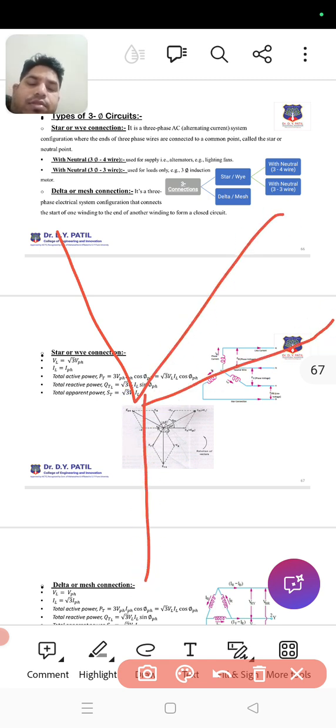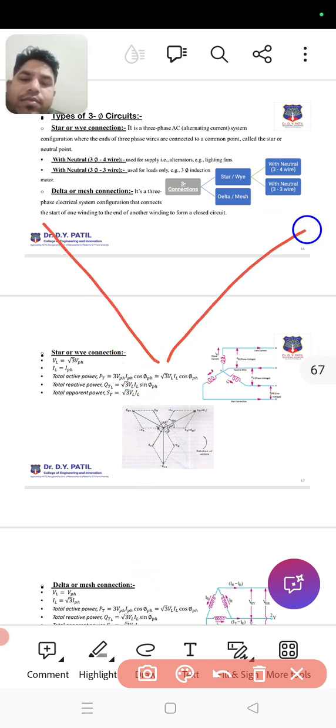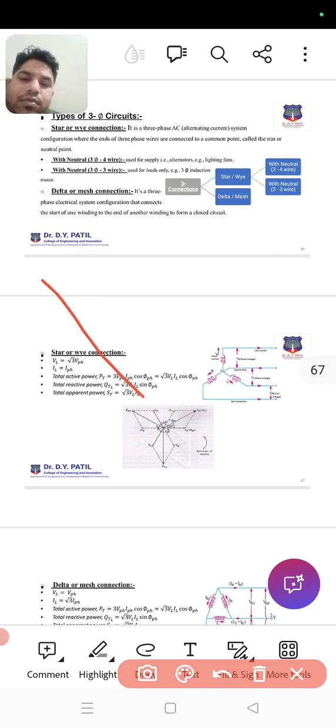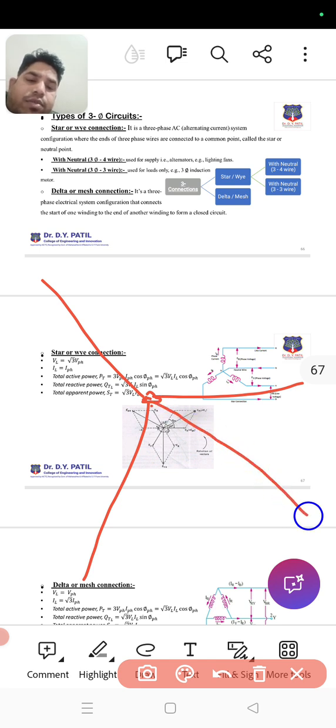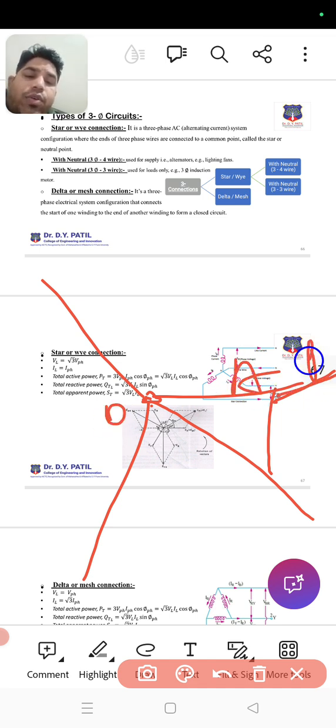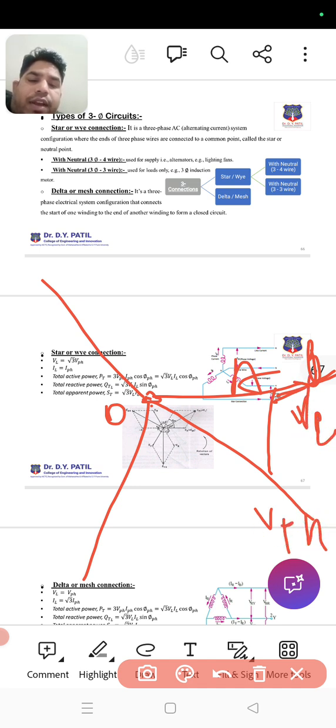Draw one line, and a perpendicular line that divides it into two, say at D. It is the VPH, and this is the VL line.